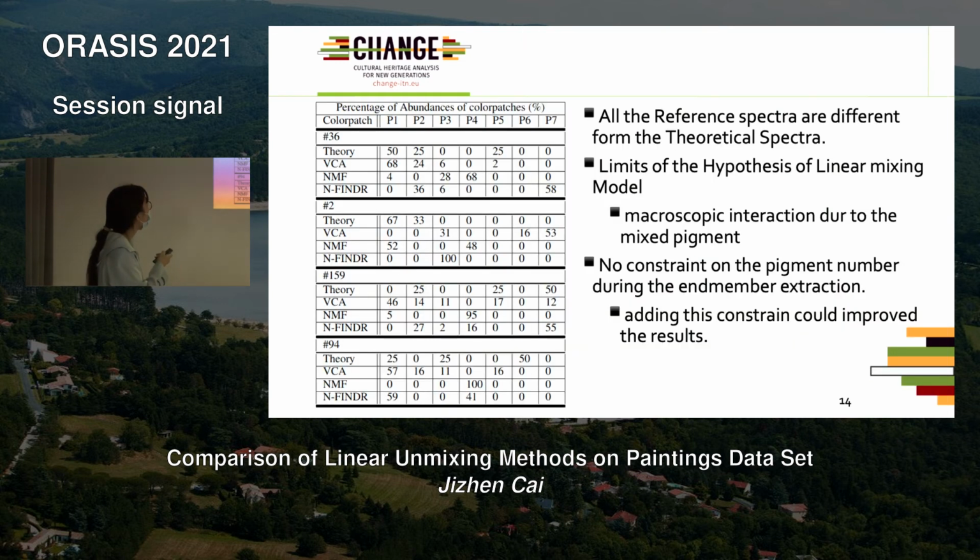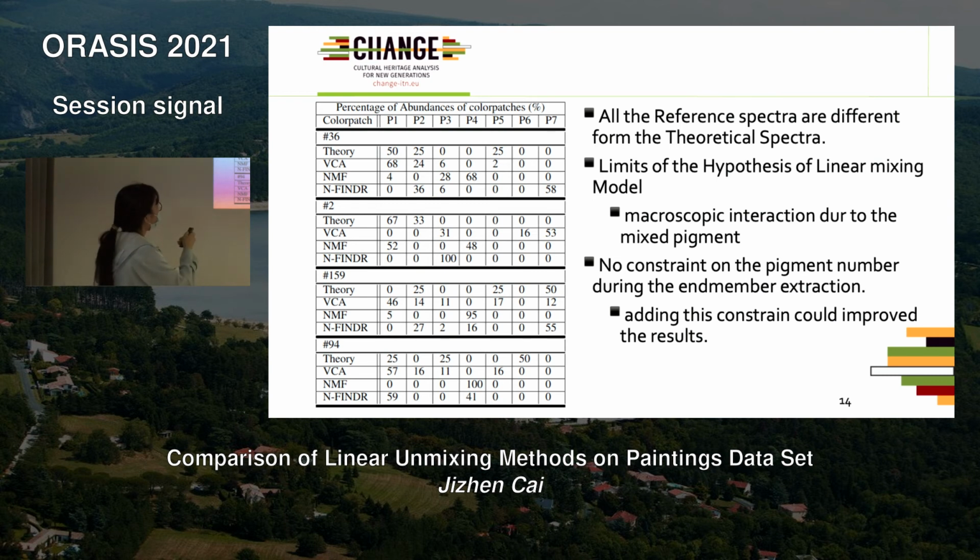So in this table, it shows that for the four color patches in the former slide, the estimated abundance from each method and their difference with the theory part.